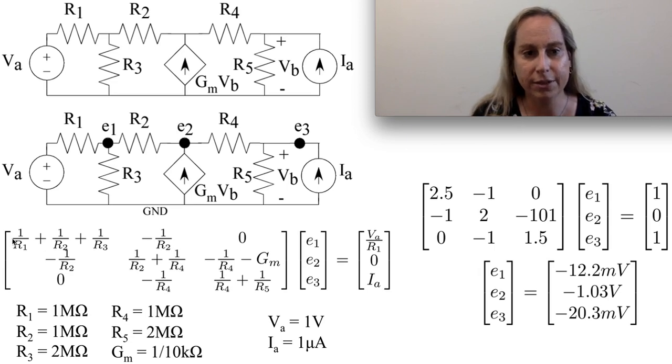Well, one of the things I notice is that the diagonal elements are always the sum of all of the conductances of that node. So for E1 I get R1, R2, and R3. When I look at E2 I get R1 and R2, and these are conductances, so it has to be the inverse.